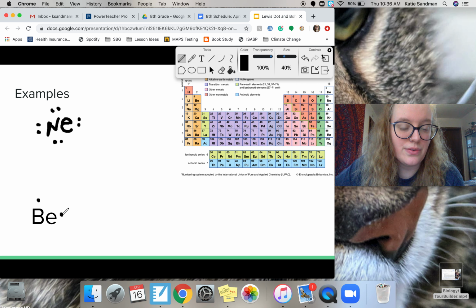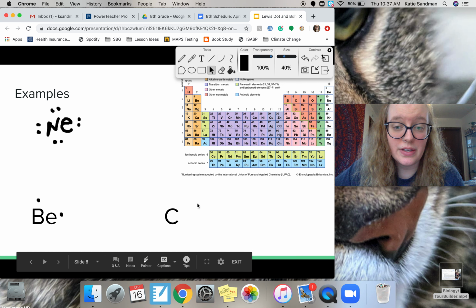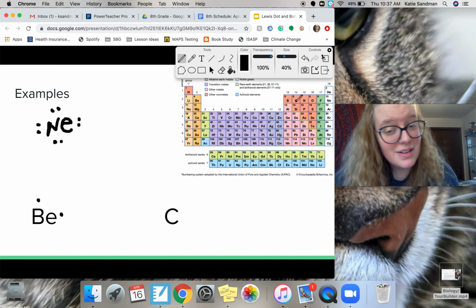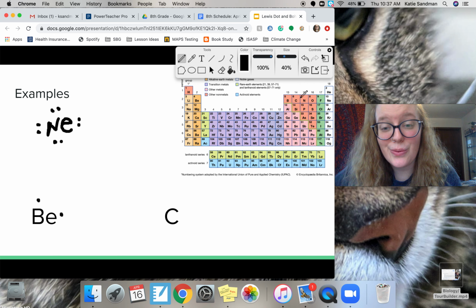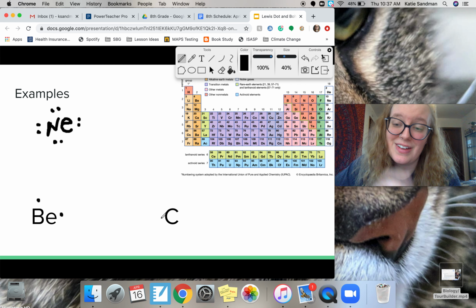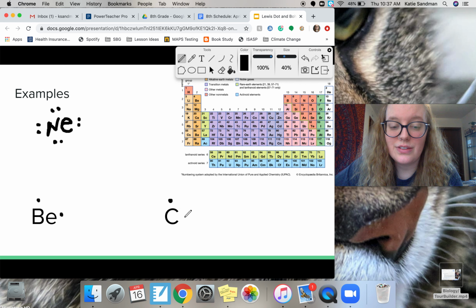All right, my next example is carbon. Carbon has 6, so for carbon, carbon is in group 14, so it's going to have 4 valence electrons. So I'm going to draw 1, 2, 3, 4.